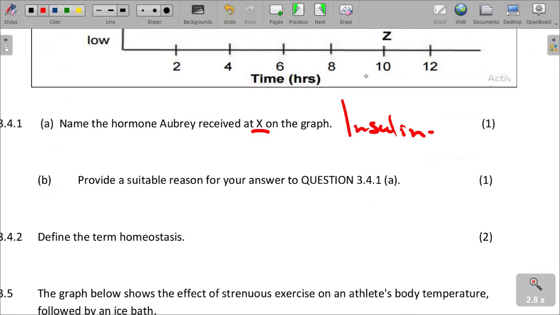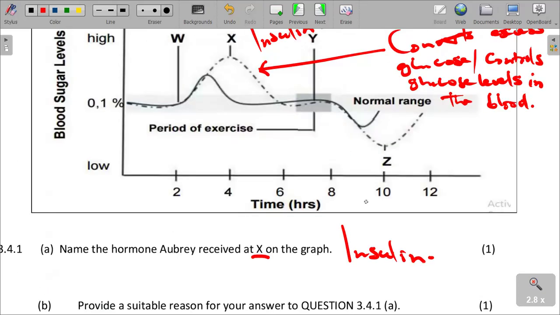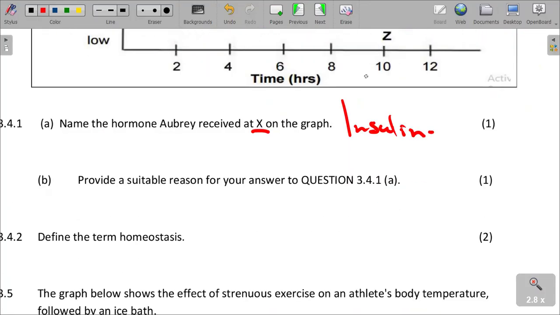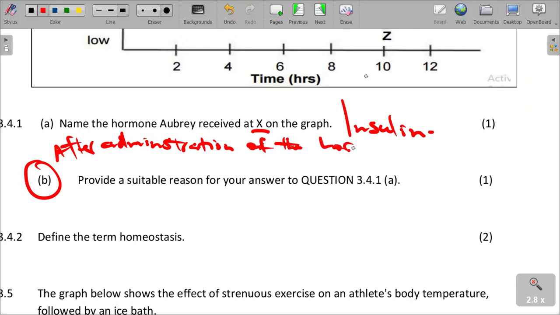And then provide a suitable reason for your answer. Why do we say that is insulin? We already talked about it converting excess glucose, because when Aubrey was given the insulin, the blood sugar level started to decrease after administration of the hormone.